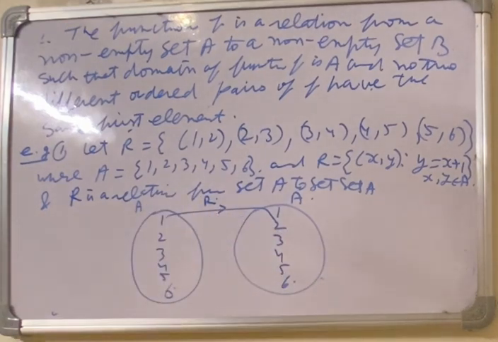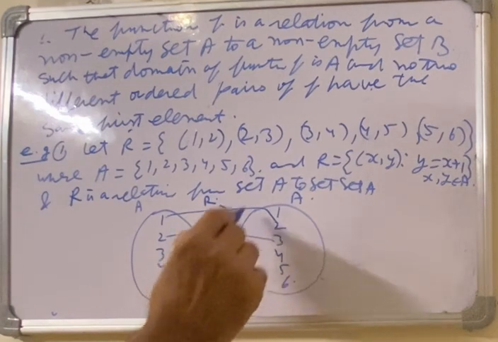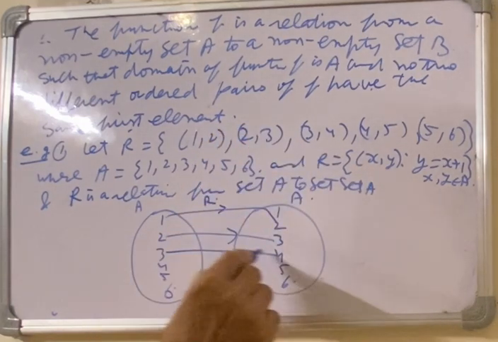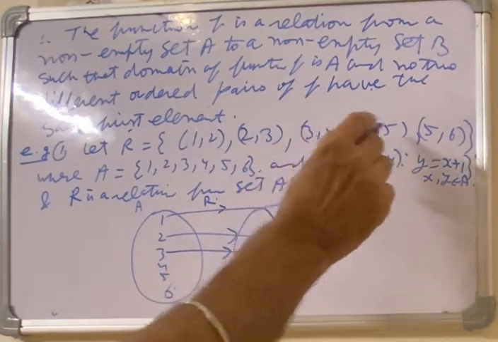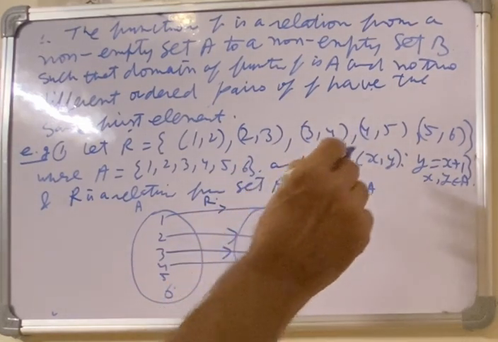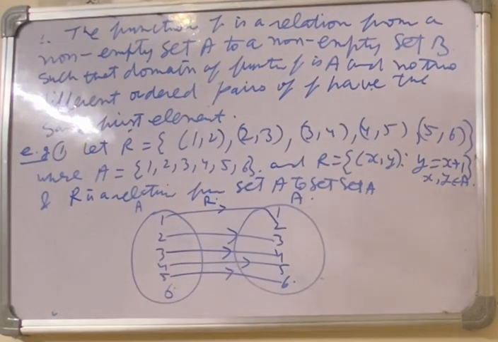This is R. 2 is related to 3. 3 is related to 4. 4 is related to 5. 5 is related to 6.